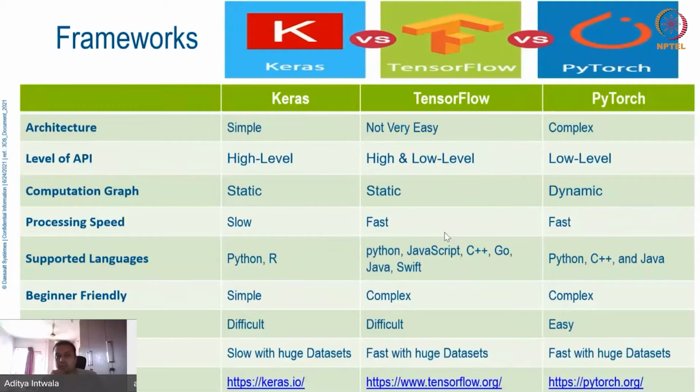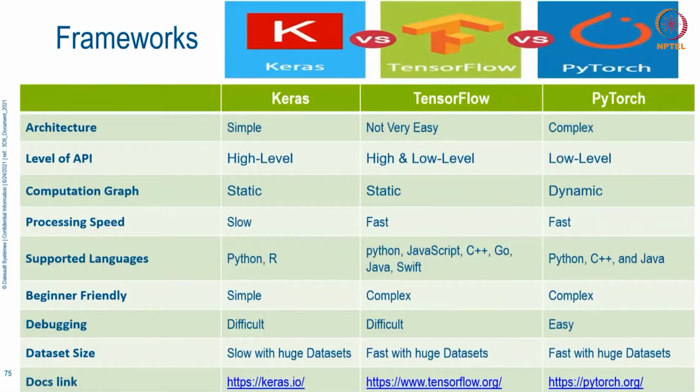Okay, so before going to the labs session, I'll just briefly overview the major frameworks that are used for deep learning, or you can say machine learning. So the first one is Keras.